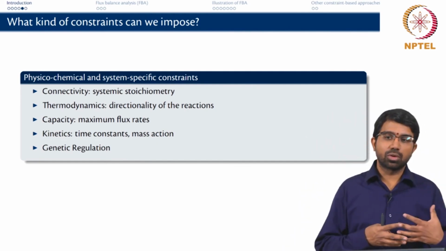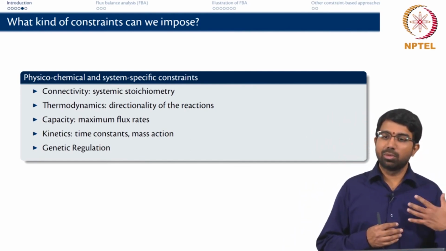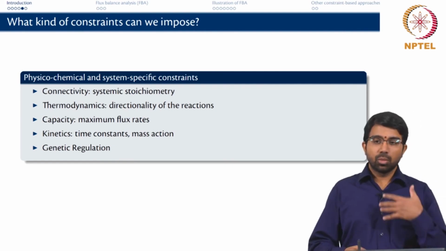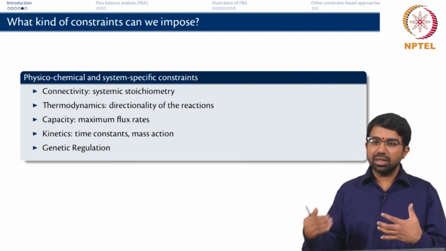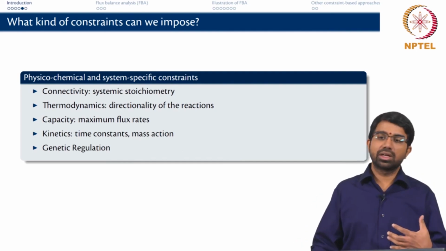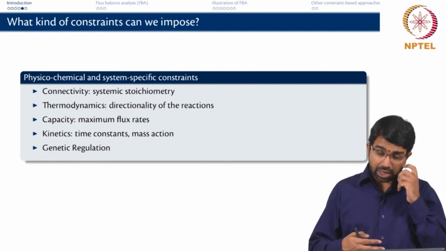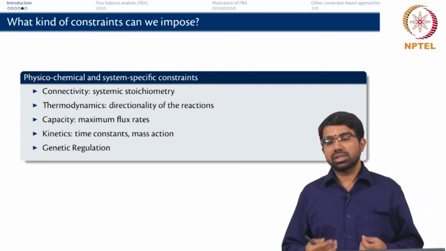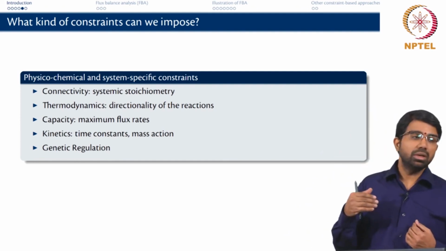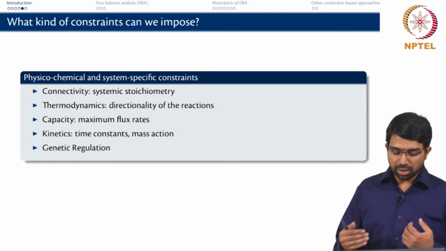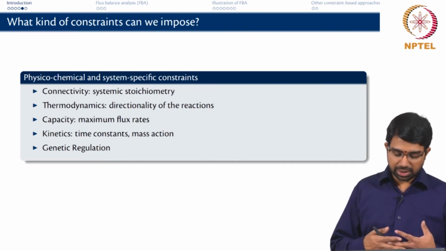So, 1 mole of glucose will produce exactly 1 mole of fructose, not a molecule more, not a molecule less. 1 mole of glucose will produce exactly 2 moles of pyruvate via glycolysis, right. So, this becomes a nice constraint, and of course, there is thermodynamics. There are some reactions that can only go in a particular direction, some reactions would be reversible, they can go in either direction, but there are such constraints.